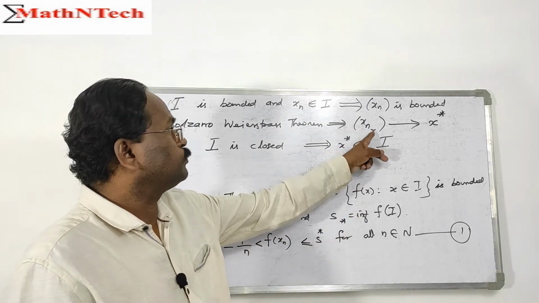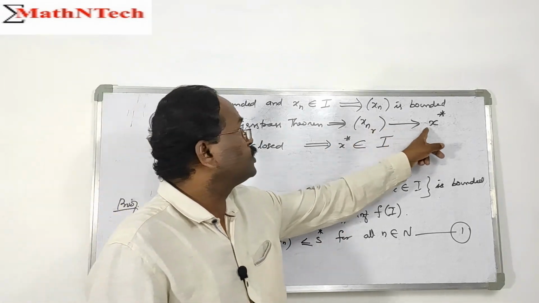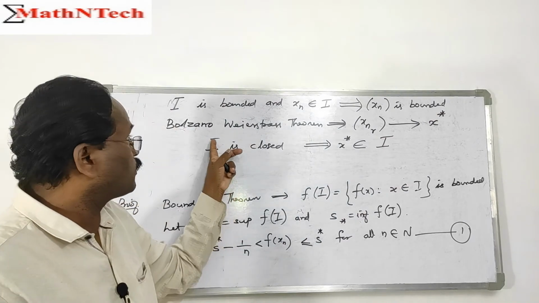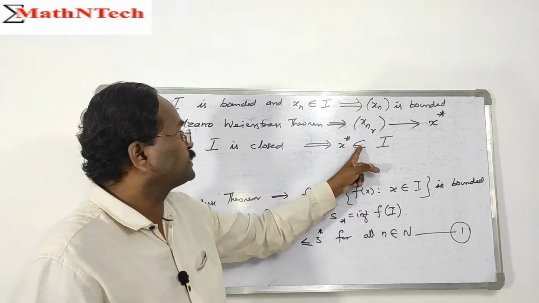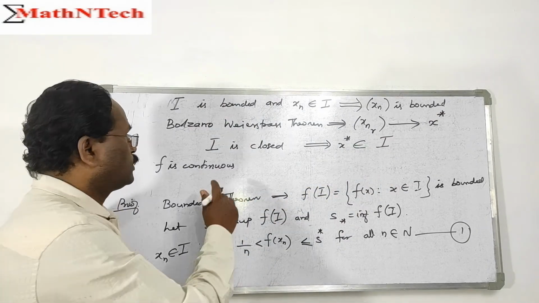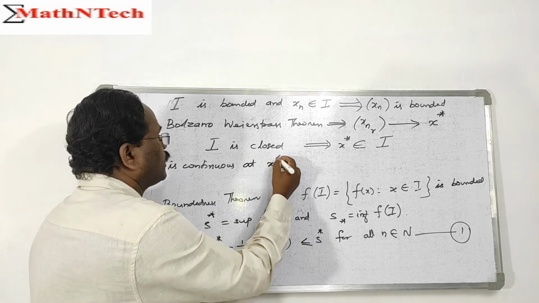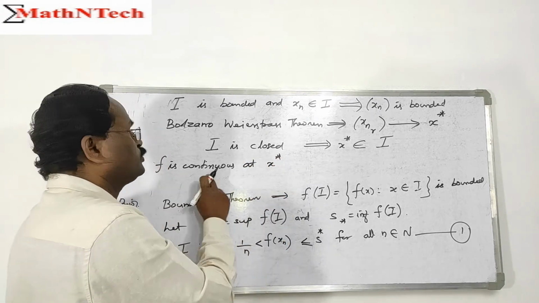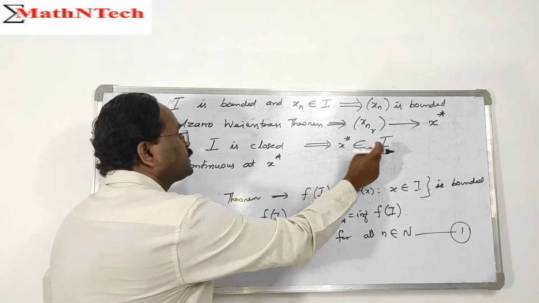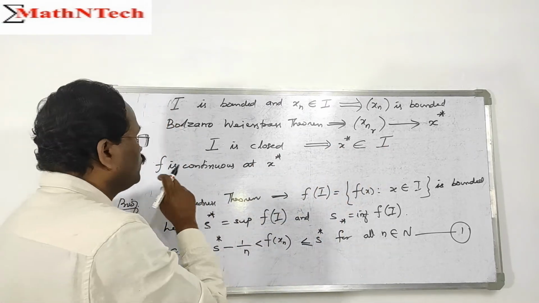So, the subsequence xnr converges to x star and the interval I is closed implies x star belongs to I. The function f is continuous at x star, because f is continuous on I and x star element I.